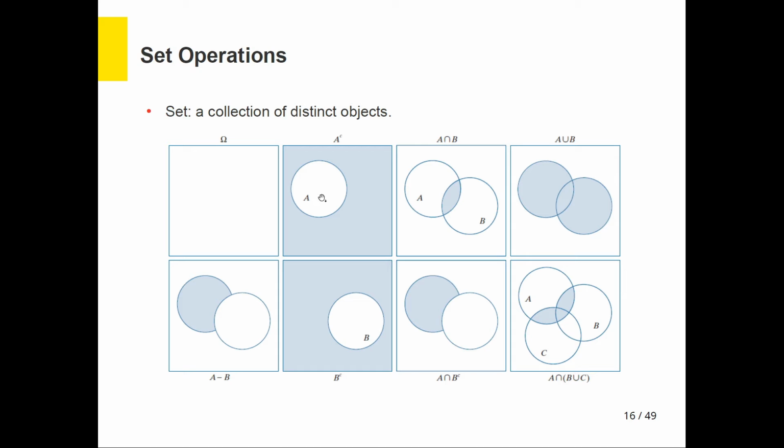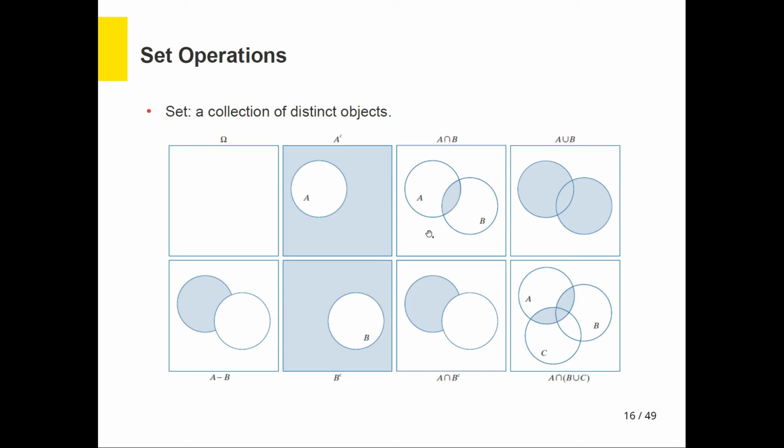Inside this, we can define a set of values to be contained in set A. And if we define this set A, now we can compute the complement of set A as A superscript C, which contains all the rest of the elements that are in the sample space but are not in set A.